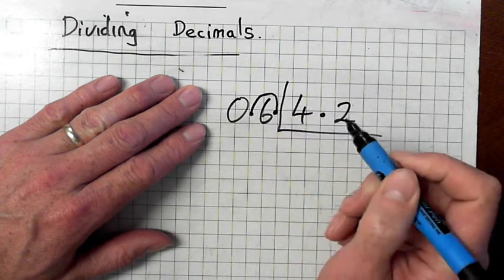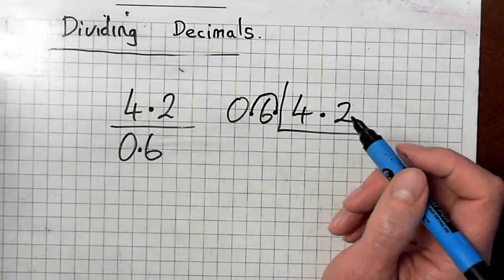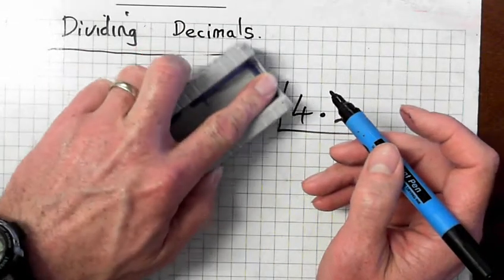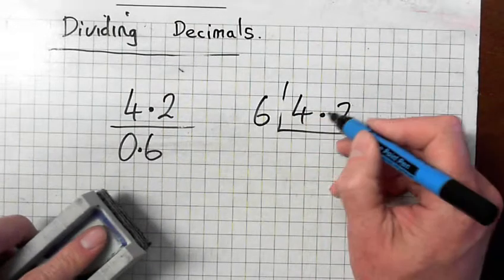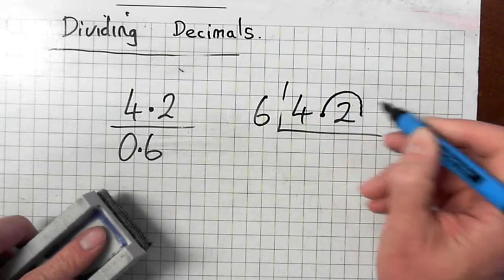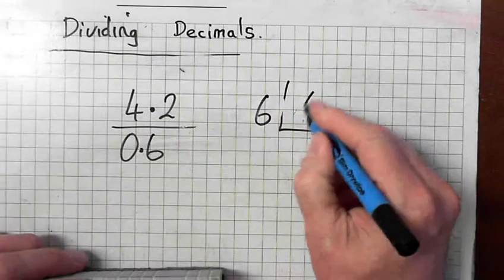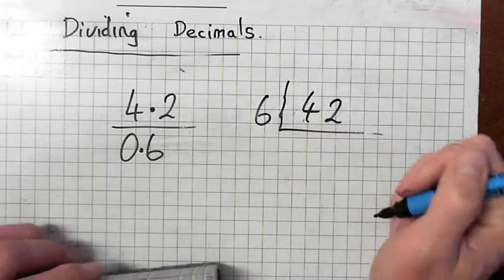What does that make it? It makes it a 6. So I move the decimal place 1 point on the divisor, and move the decimal place 1 point right on that number too. So 42. Now I've got 42 divided by 6.